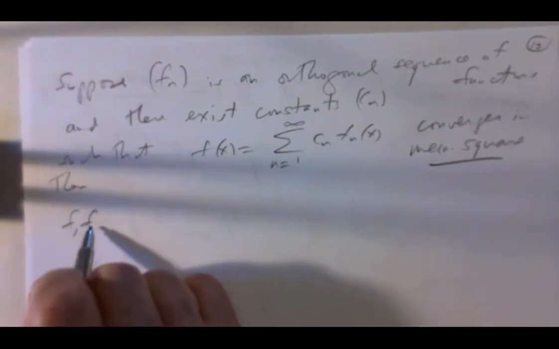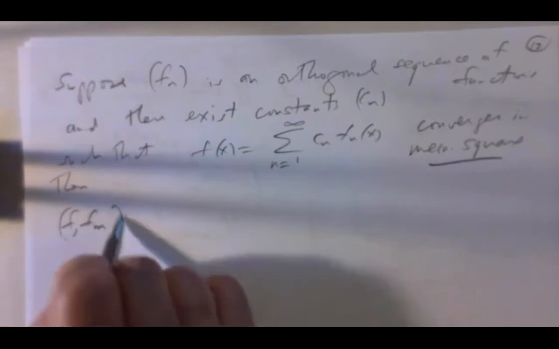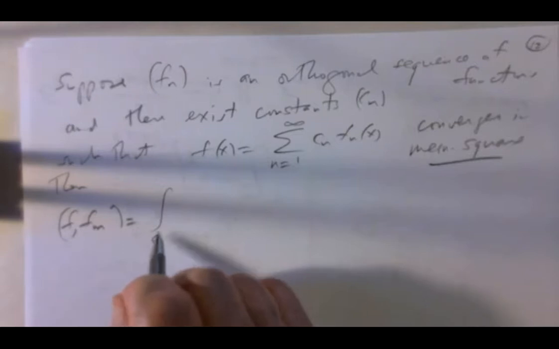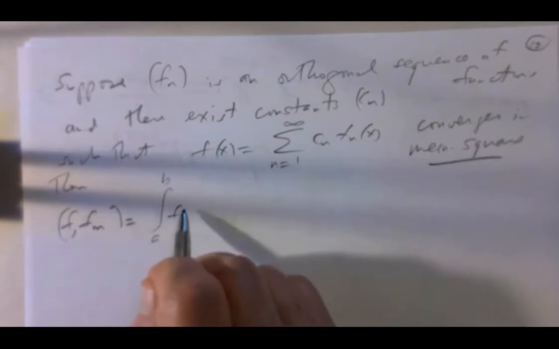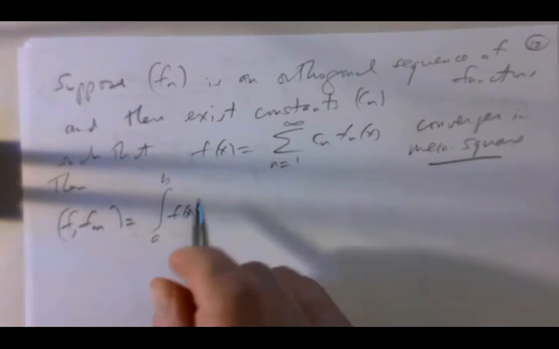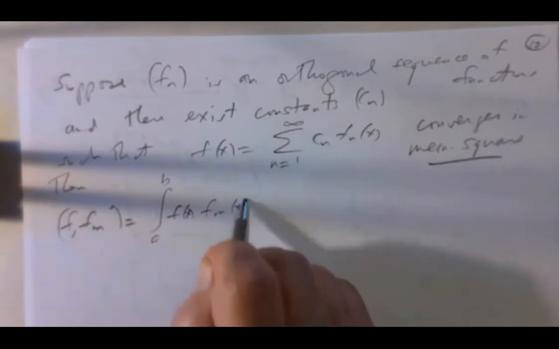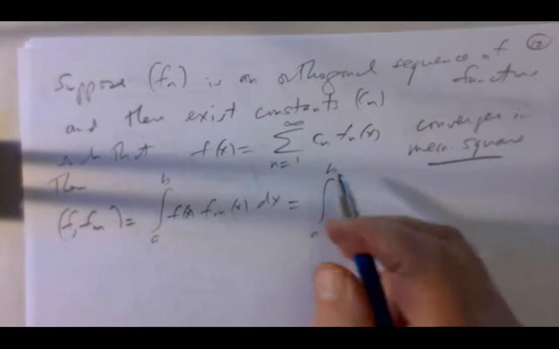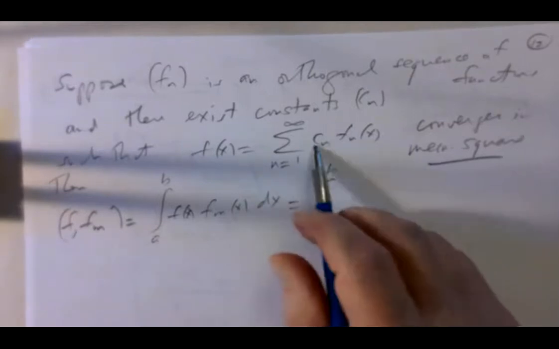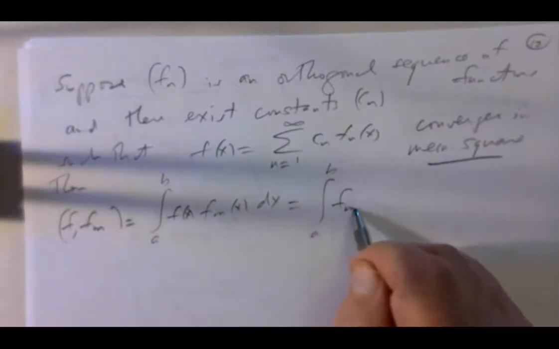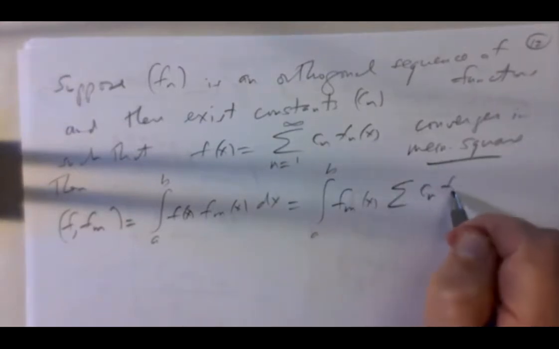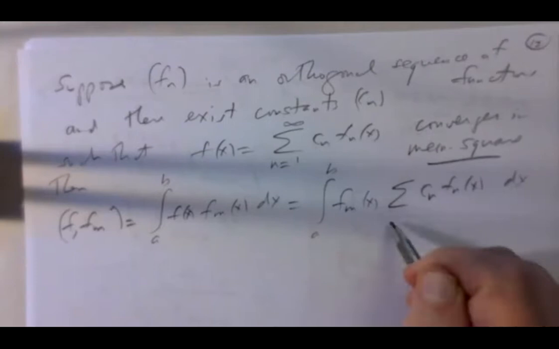If we take the inner product of f with fm, that's the integral from a to b of f of x, fm of x dx. That's the integral from a to b of fm of x times f of x, which is the summation Cn Fn of x dx.